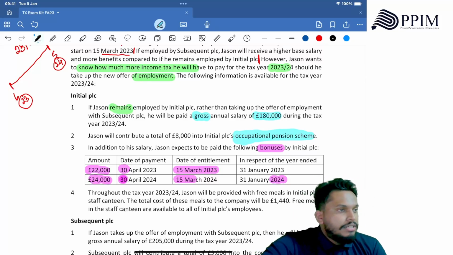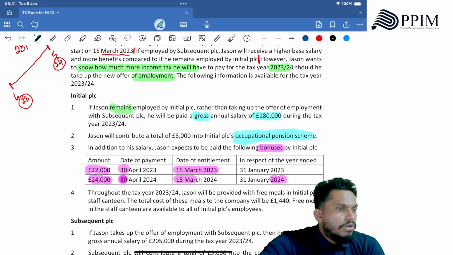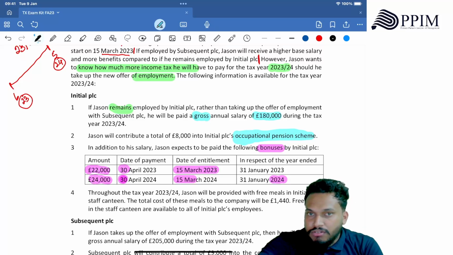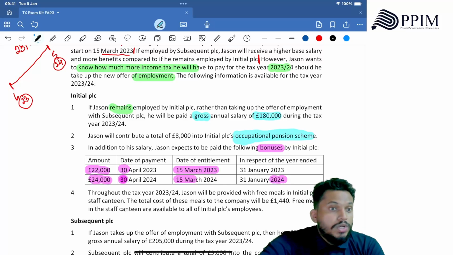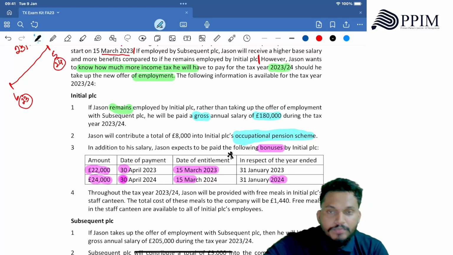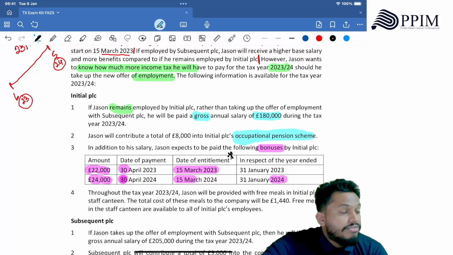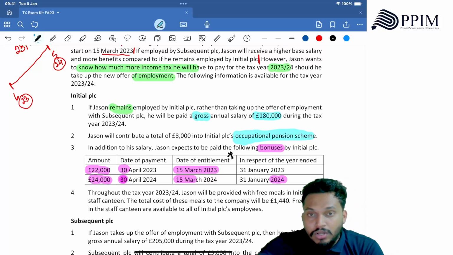Your explanation is correct, but understanding is incorrect. You need to determine not the date of payment, you need to determine the date of entitlement. So you need to determine the date of entitlement in this incidence. Why?